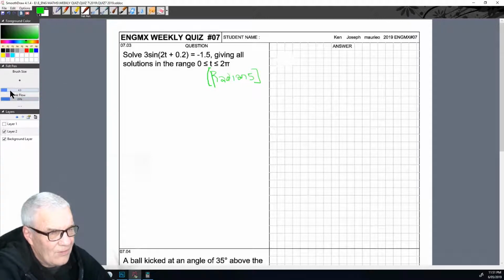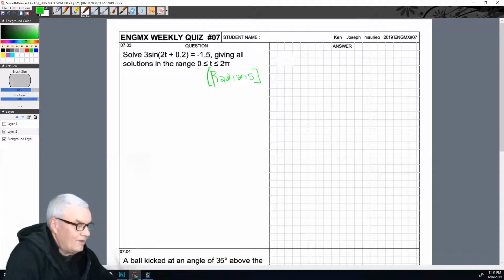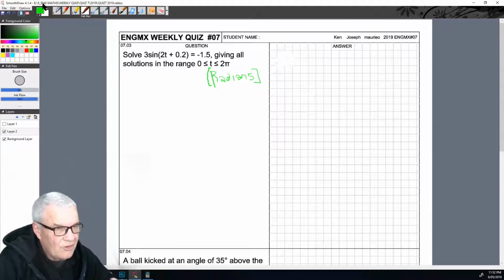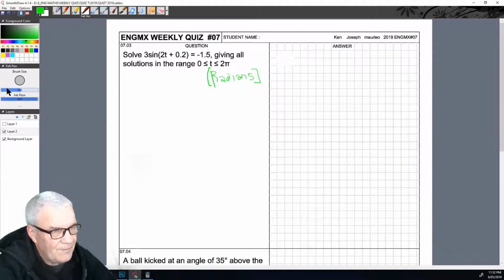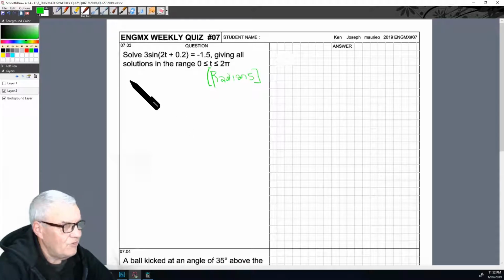My pen size, I was going to have it at about 5 or 6 perhaps, and the ink flow at 100. Yep, that'll do. There we go, radians.